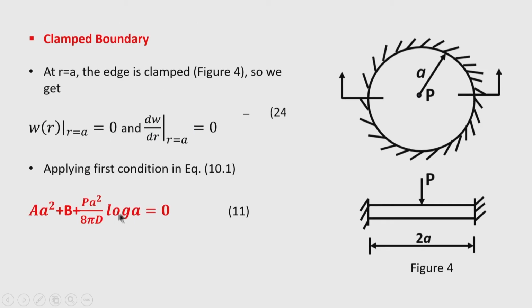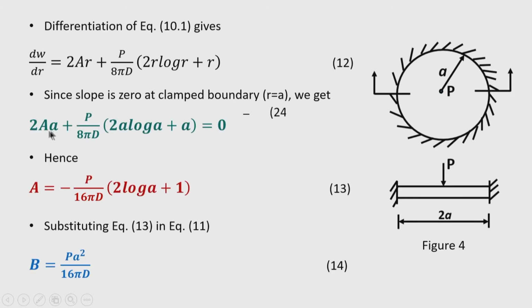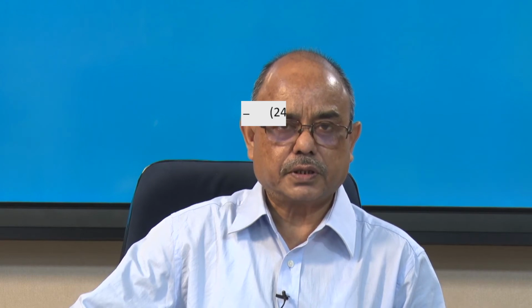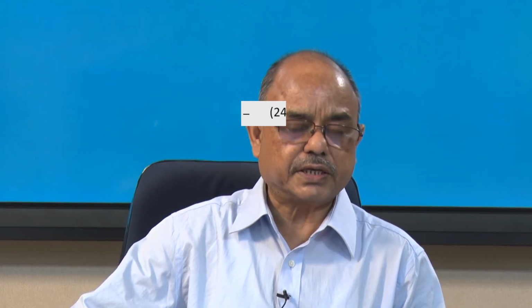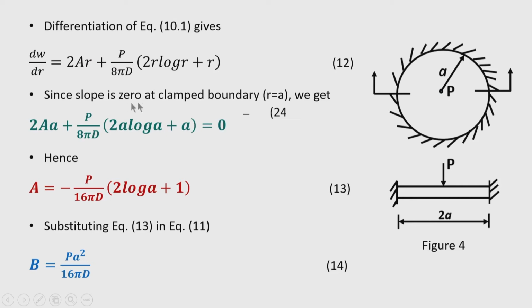One is the equation relating A and B, and here is another equation, but here the B term does not appear because B is a constant appearing as a sole term, and when we differentiate it, it vanishes. So, we get 2 A plus P by 8 pi D bracket 2 a log a plus a equals 0.